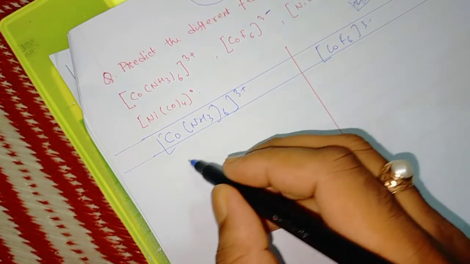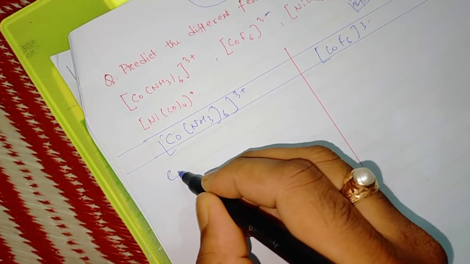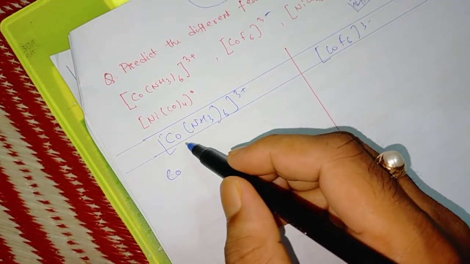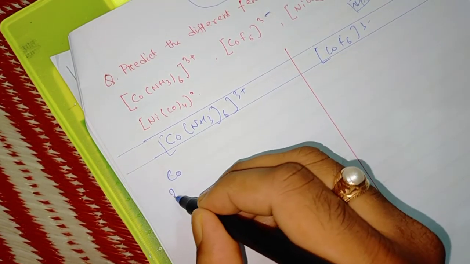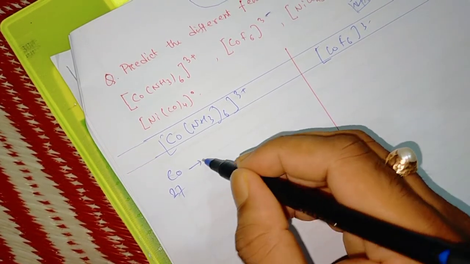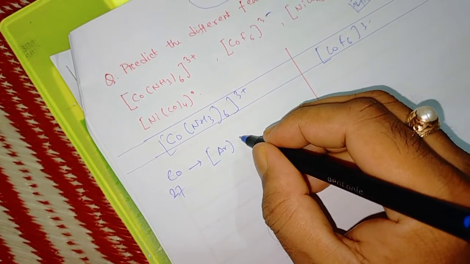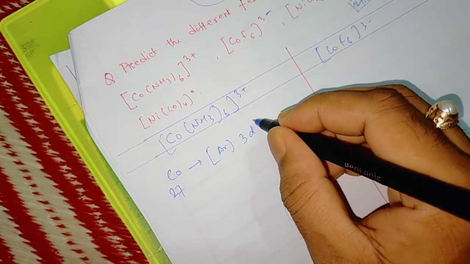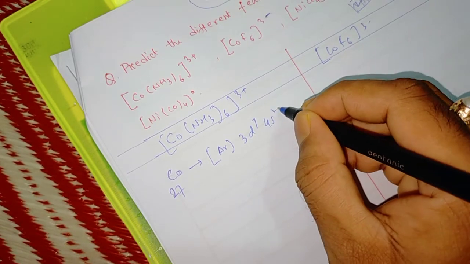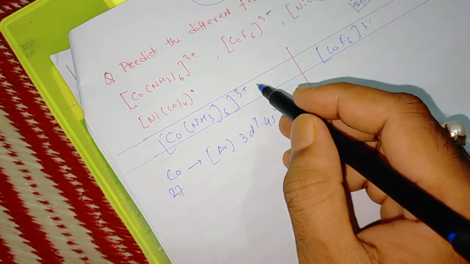In this case, we know the electronic configuration of Co is this one (27), but it is 3 positive.